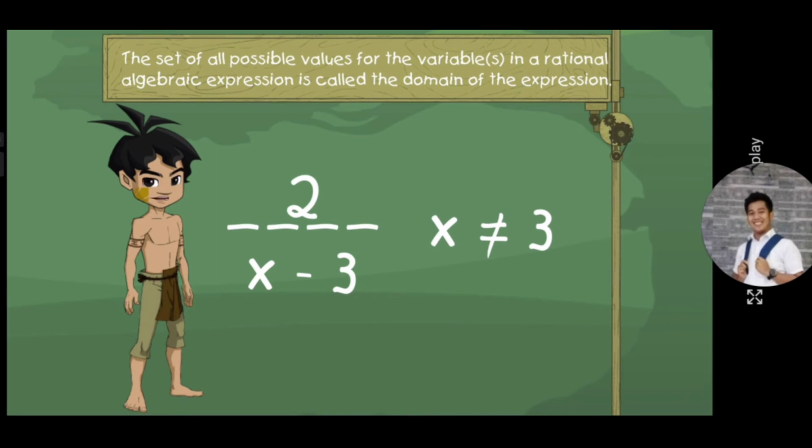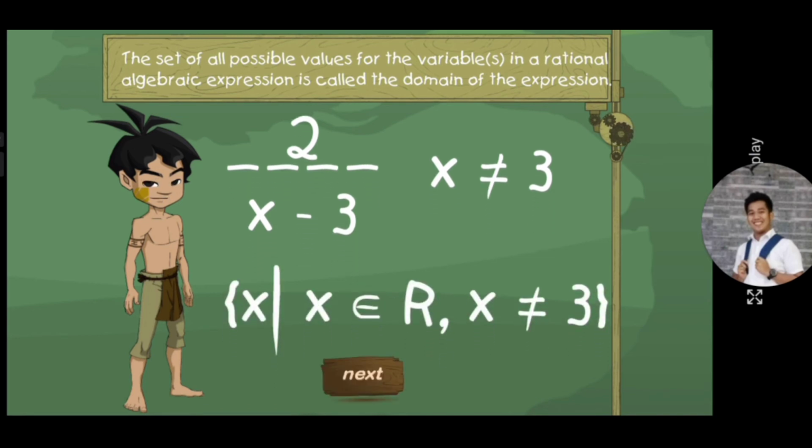It is the set of all x such that x is an element of real numbers, that's R, where x is not equal to 3. Meaning, all real numbers except 3 can be the value of x. Why not equal to 3? Because it will lead us to an undefined answer, having 0 as our denominator.